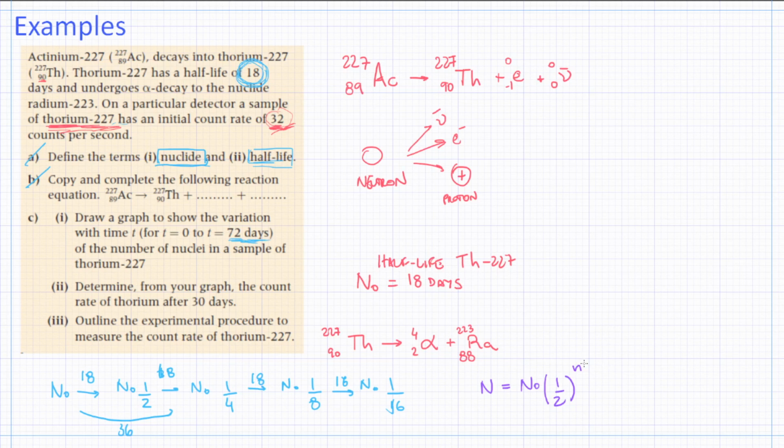So this would be 4. N0 in this case is the number of counts. So we have 32 counts, times a half, and our exponent would be 4, which should give us exactly the same thing as we have done just by thinking about it.